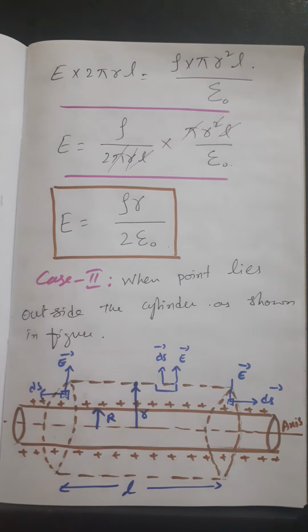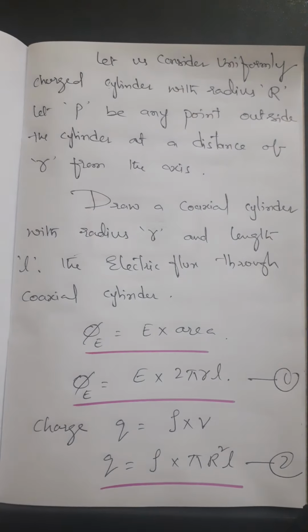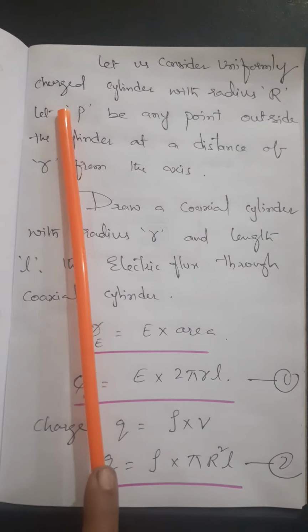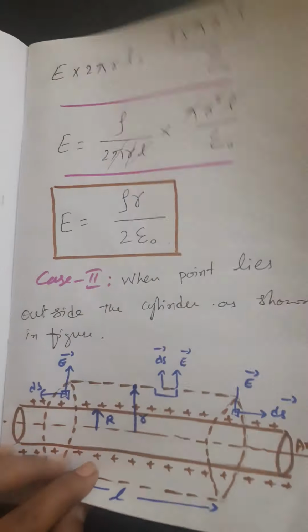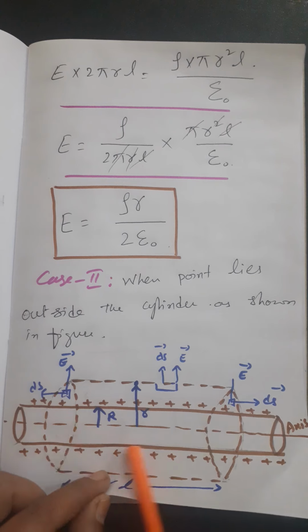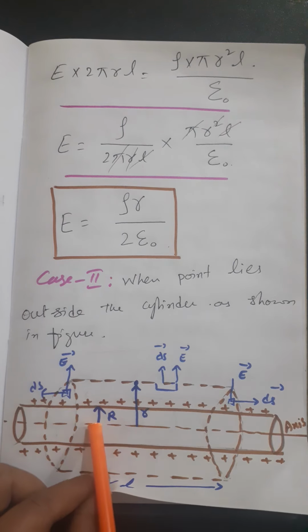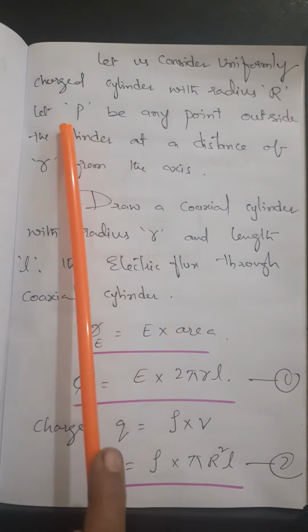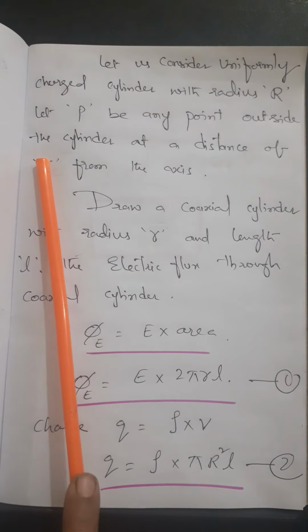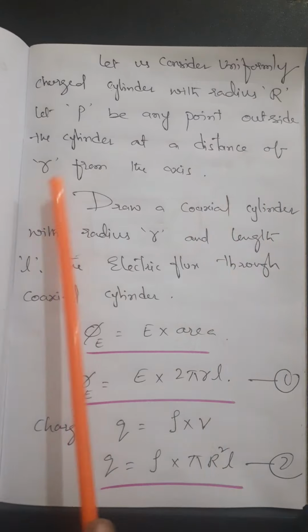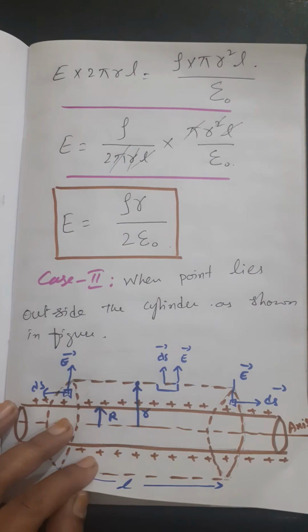So here again we have to consider the situation. Let us consider a uniformly charged cylinder with radius capital R. Again this is the main cylinder, uniformly charged. Now let P be any point outside the cylinder, at a distance of small r.